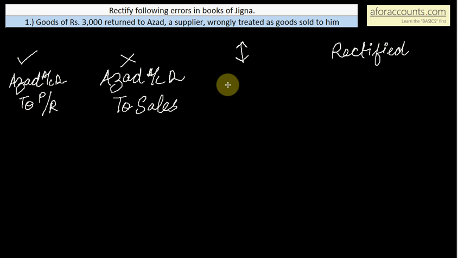So the reverse entry will be just whatever is in debit, credit it, and whatever is in credit, debit it. So the reverse entry will be sales account debit to Azad account.